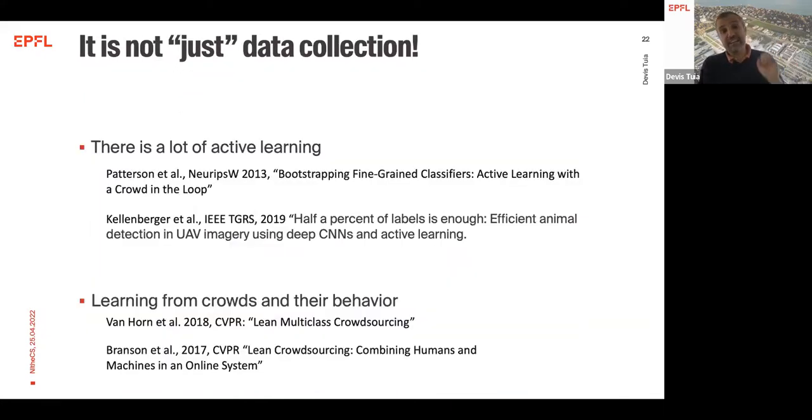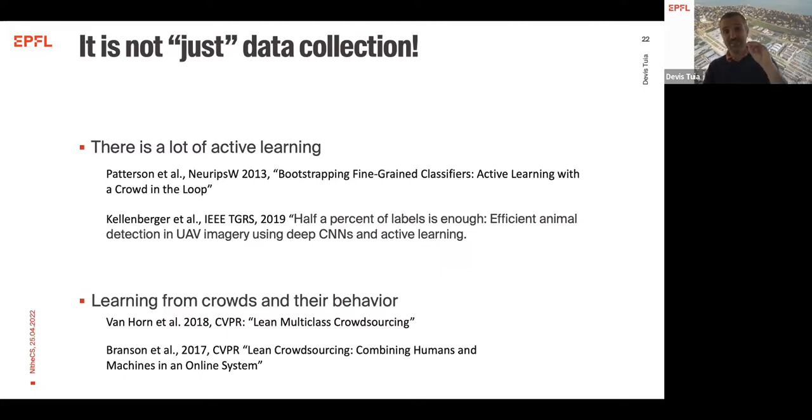And don't get me wrong, it's not just data collection here. There is a lot of machine learning behind the scenes, because to be effective in these types of data collection, well, you need to be good at showing the right image at the right time. So, there is a lot of these active learning concepts. Meaning that if you have 1 million images you could show to a person, you don't want to do it randomly, because otherwise the person will just be looking at empty pictures for hours and then will stop helping you.